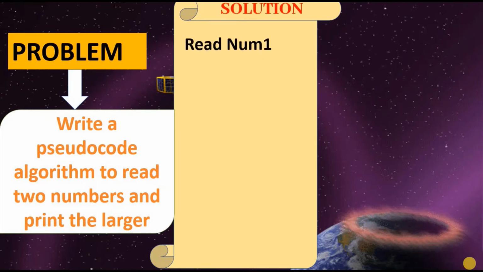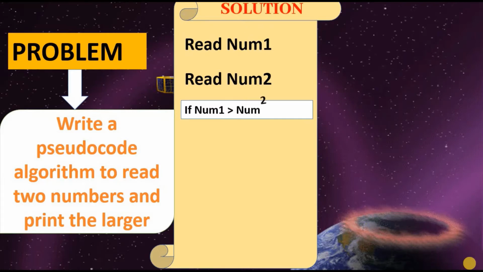So first we would start off by reading our first number into a location called num1, and then once that is done we would proceed to read our second number into a location called num2.